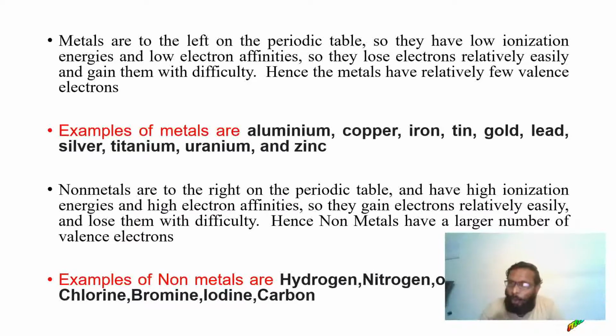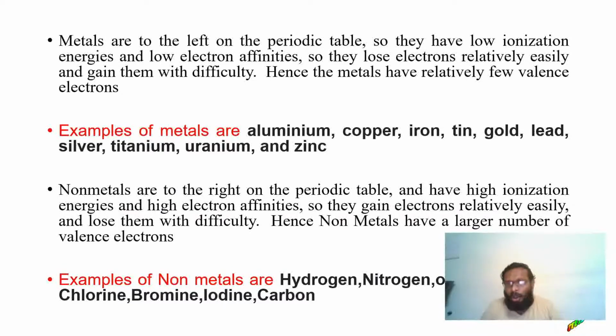Because of that low ionization energy, the valence electrons are easily lost, so because of the potential applied to the conductor, they can easily move from one place to another. So metals are good conductors of electricity and heat because of this property, low ionization energy. Because of this low ionization energy, we have free electrons, and because of the free electrons, they are good conductors.